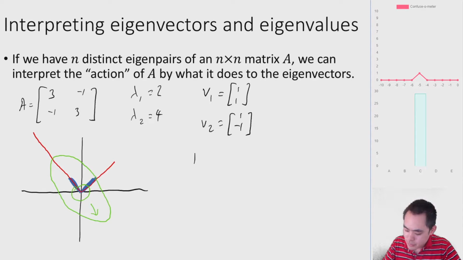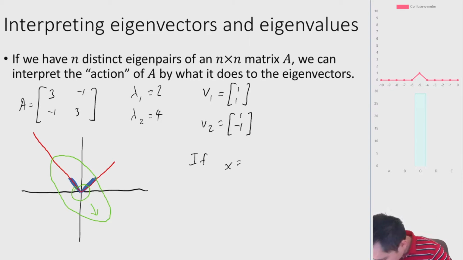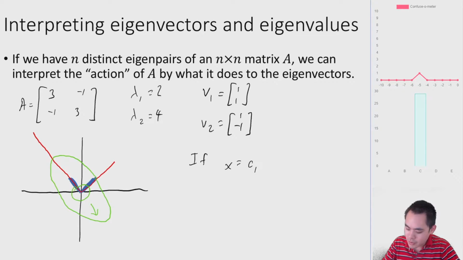So if x is some vector that you can write as a linear combination of eigenvectors, let me use slightly different notation. I'll use c's: some constant times v1 plus some constant times v2.